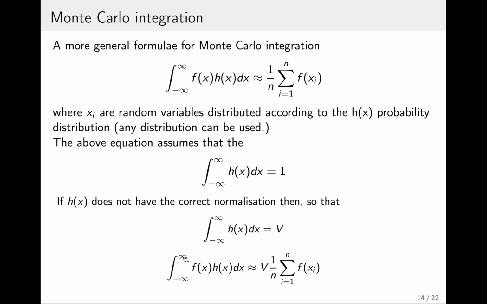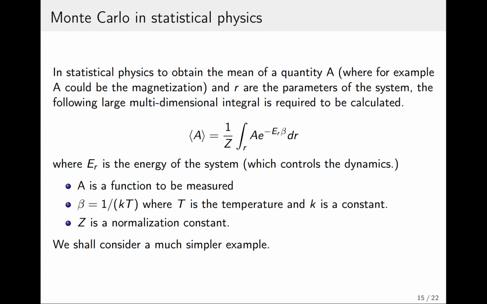So then the integral of f(x) times h(x) between minus infinity and infinity is v times the mean of f(x_i). These x_i are now drawn from the h(x) probability distribution. And this trick is also known as a kind of importance sampling, which we're not going to talk about much further in this session.